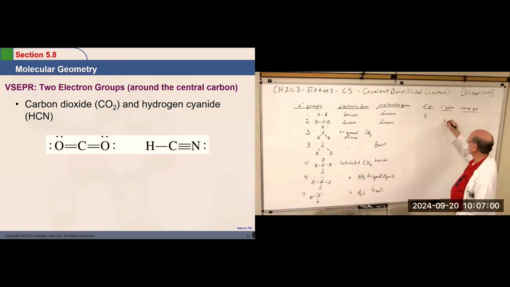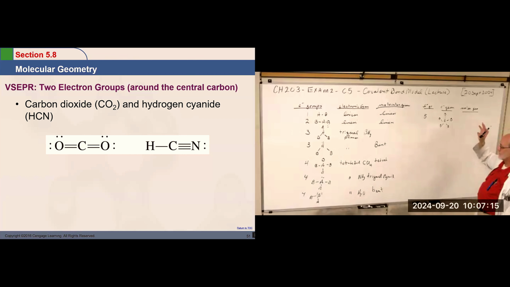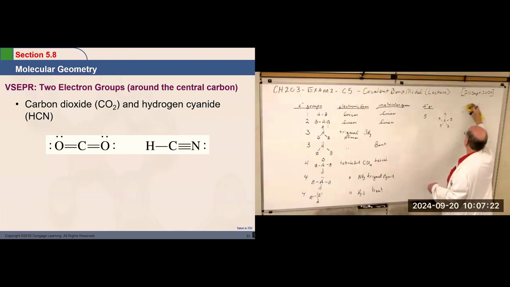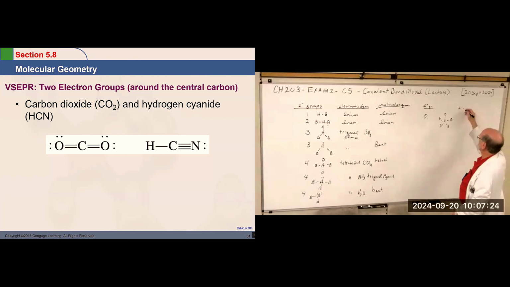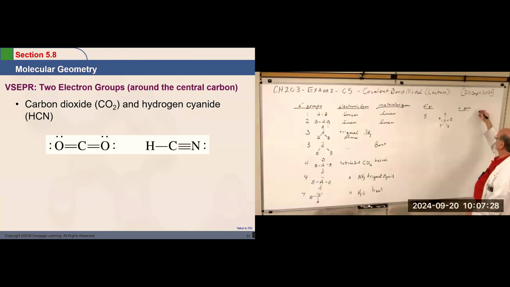So we've got our A in the middle, and we've got 5 other atoms positioned around it. Well, I drew them in the wrong place and didn't give myself space. Let's do this. Just move it over. Electronic geometry and molecular geometry.